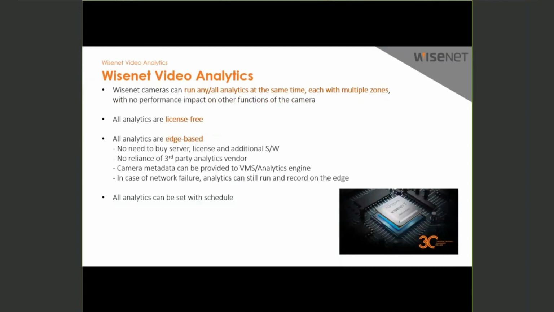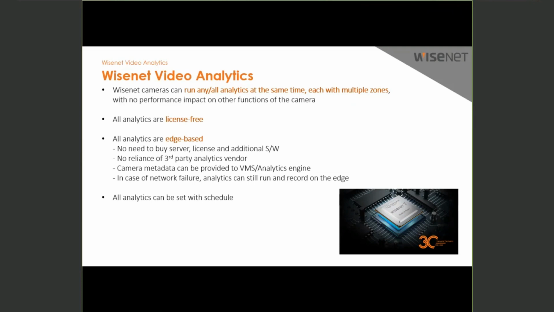So, Wisenet video analytics. This is an important thing: all analytics are license free, so you don't have to buy any license for the analytics. It's default in the camera, so you don't have to install any application or software. You just buy the camera and you can use all analytics.